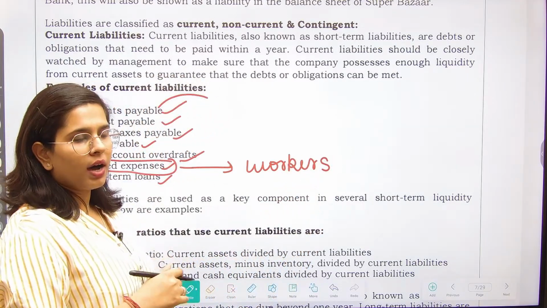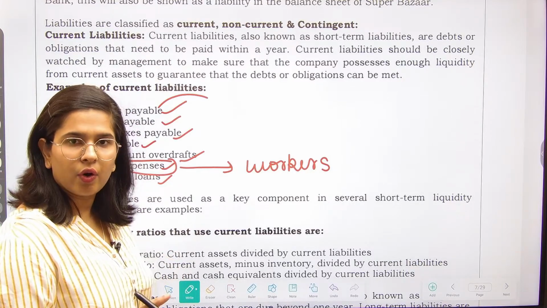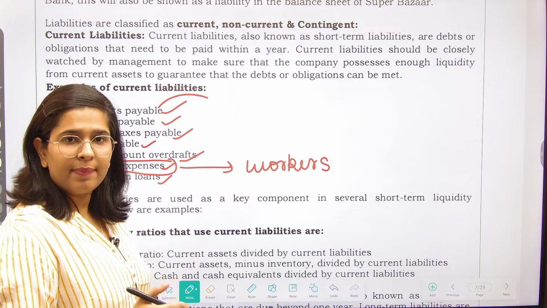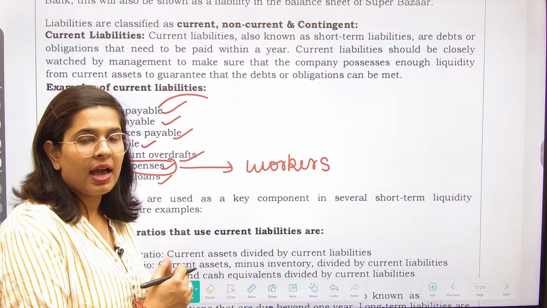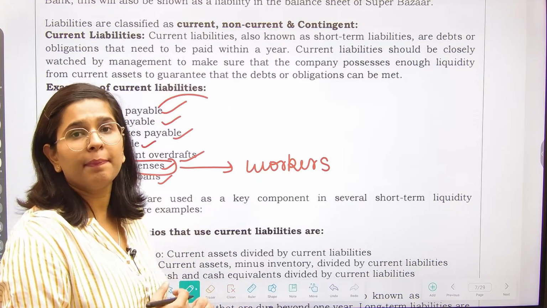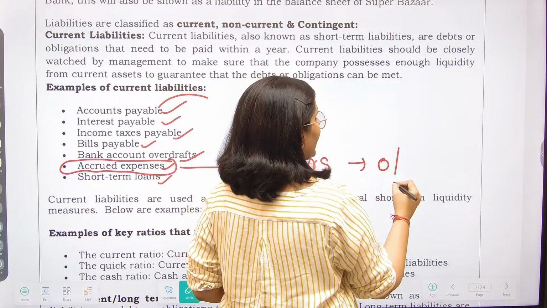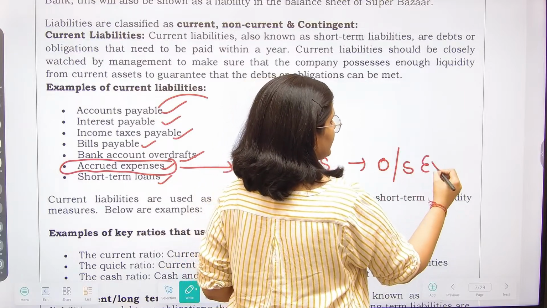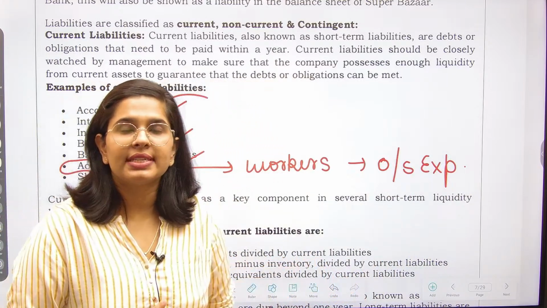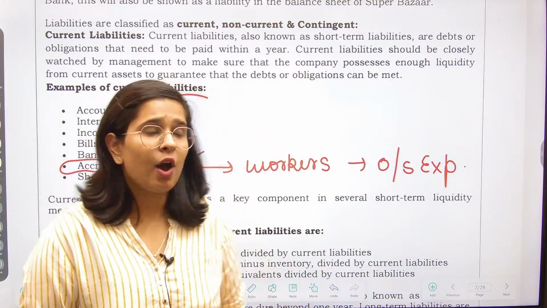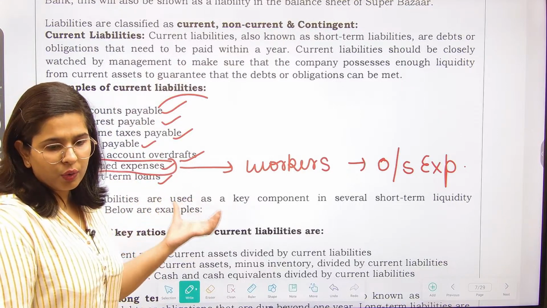The month of April has already ended. I have to pay them salaries, but I have not paid it yet. So what will I call that? I will call it outstanding expenses, also known as accrued expenses.